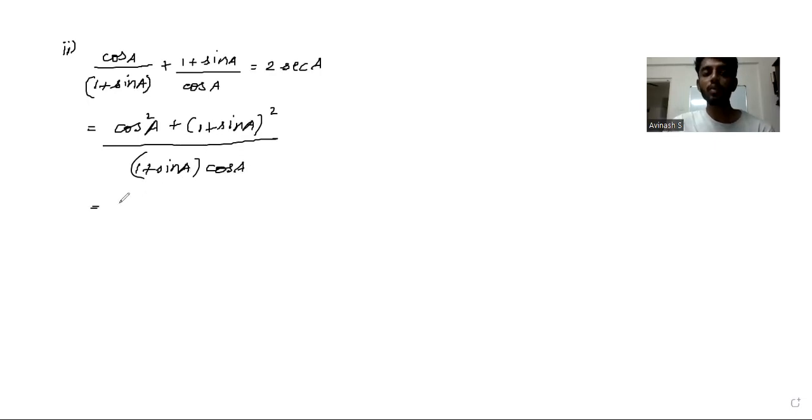So now when you expand the numerator, it is (a plus b) the whole square. You get a square, which is 1 square, plus 2ab, which is 2 sine A, plus b square, which is sine square A. This is how we expanded.